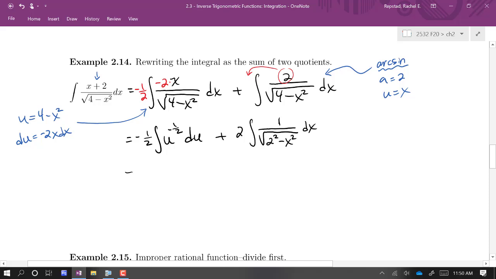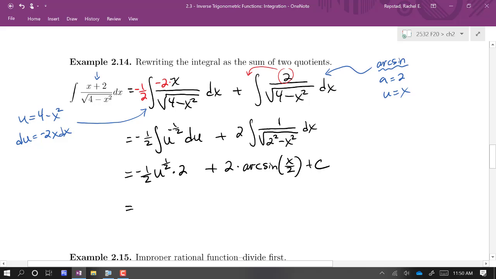Now we can integrate both of these. The first one is the power rule, so we have negative 1/2, then we've got u to the positive 1/2 times 2, plus 2 times, this is arcsine of u over a, so that's x over 2 plus a constant.